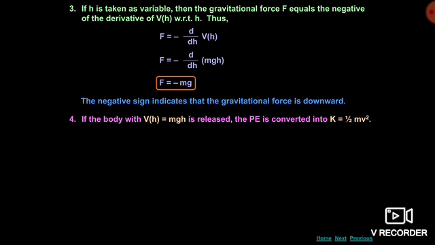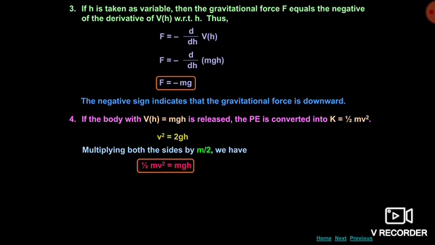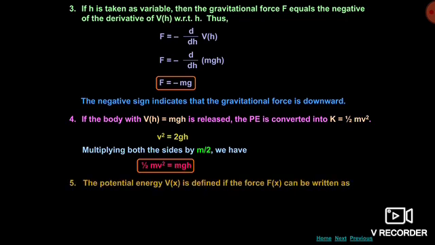If the body at V(h) equal to mgh is released, potential energy gets converted into kinetic energy. You can write v square is equal to 2gh, because u we have taken 0, because the body is dropped. If we multiply both sides by m by 2, we get half mv square is equal to mgh, which shows that it is conservative. It is converting potential energy into kinetic energy.